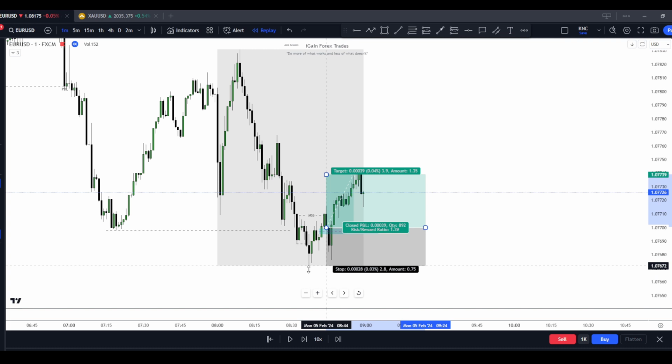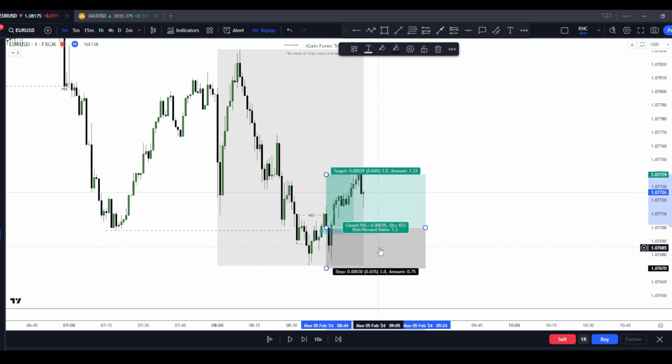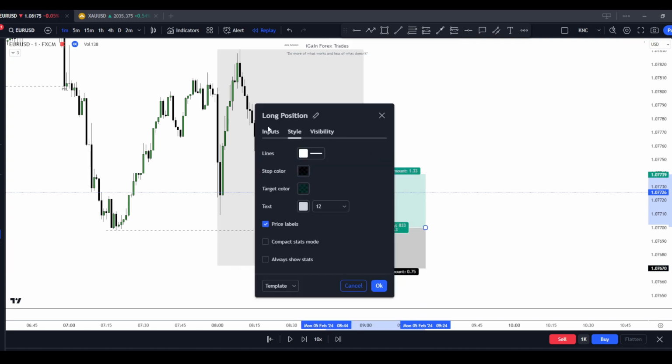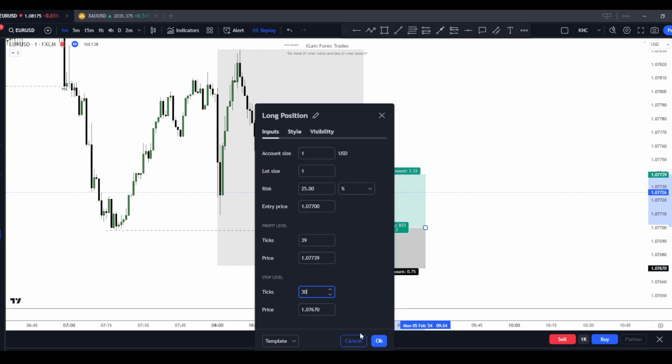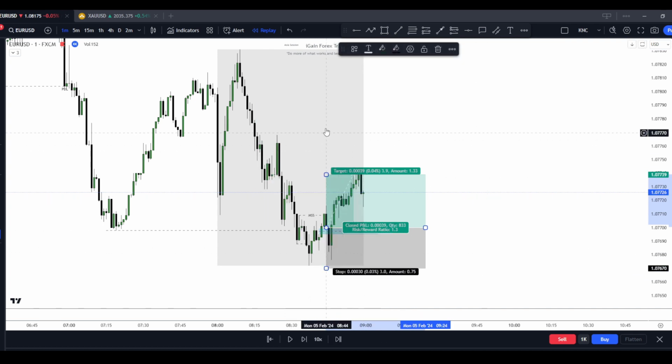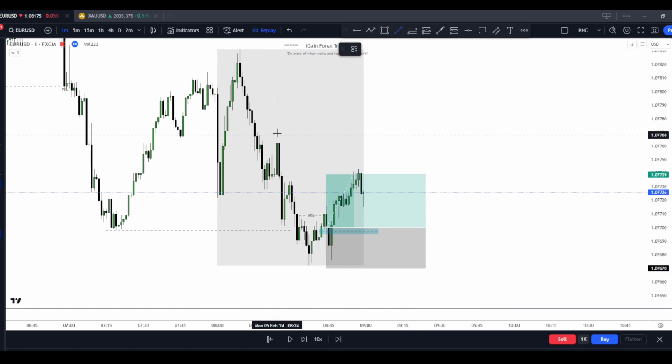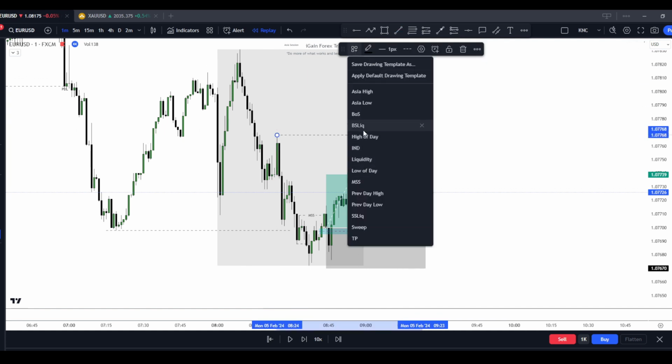Then our stop loss is just below this swing low. That's 3 pips. And then we can target the next liquidity here. This is the buy side liquidity.